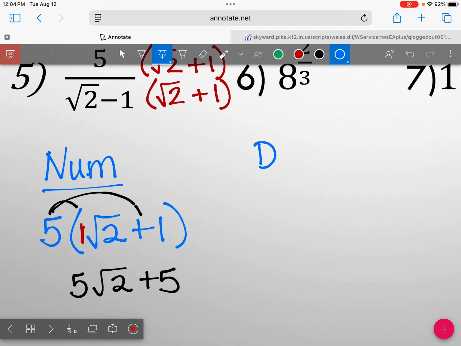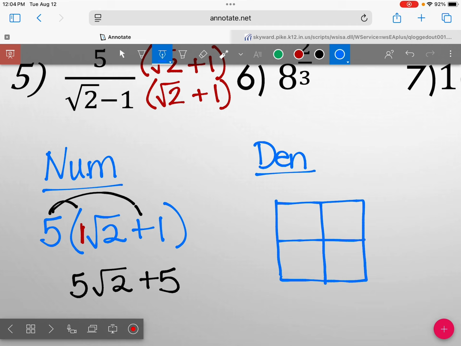Now for our denominator, we should make a box. So that's going to give you root 2 minus 1 times root 2 plus 1. So let's go ahead and fill in our 4 squares.